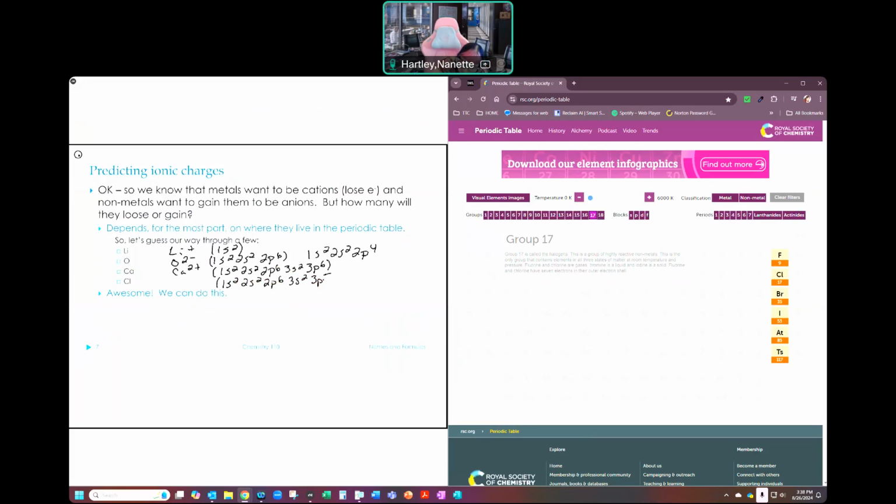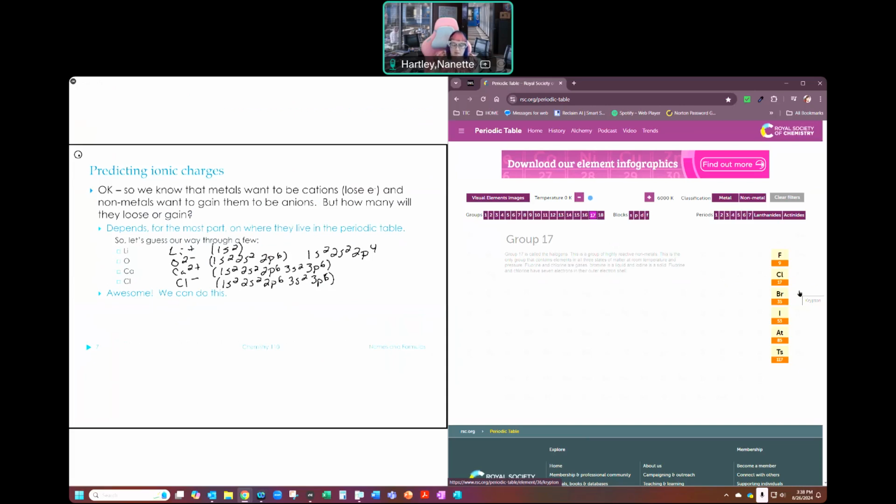He only has 5 in that p. And I know that because if I'm in this row 3, 1, 2, 3, 4, 5. So he's got 3p5. He wants to gain one more and be that 3p6. That's what he wants. So when he does that, he gets that 3p6 that he was looking for. And so he's a Cl- to become like that argon.